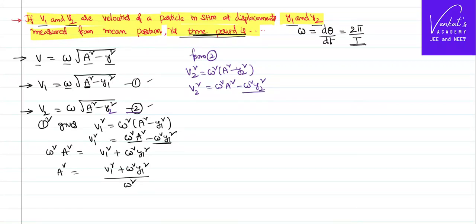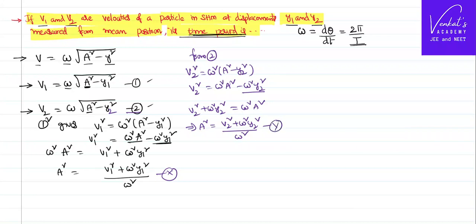Taking this term to the other side, v2 square plus omega square y2 square equals omega square a square. That implies a square can be written as v2 square plus omega square y2 square, by omega square. If you notice, this is a square, this is also a square. Both are the same: the amplitude of that simple harmonic motion squared.